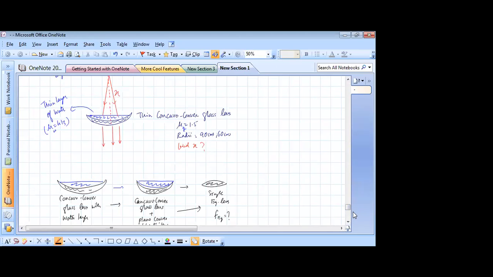R1 is assumed infinity because it's a plane surface. The vertical surface of the water will be a plane surface. Plane surface is always taken with radius tending to infinity.